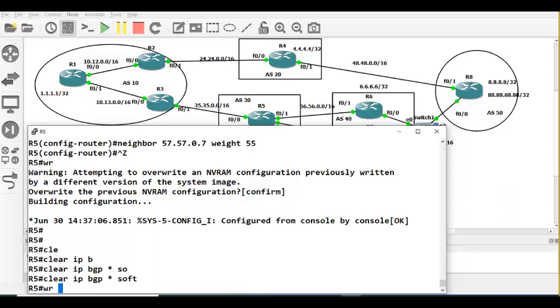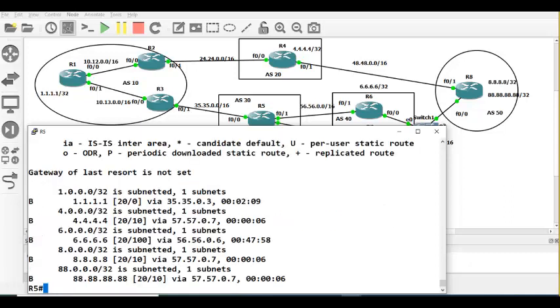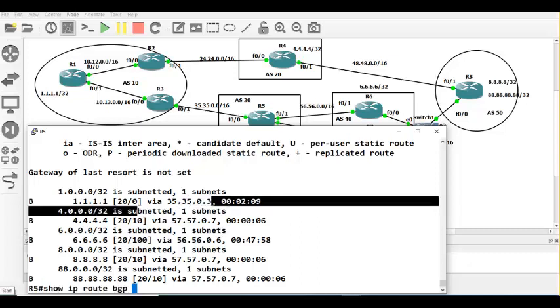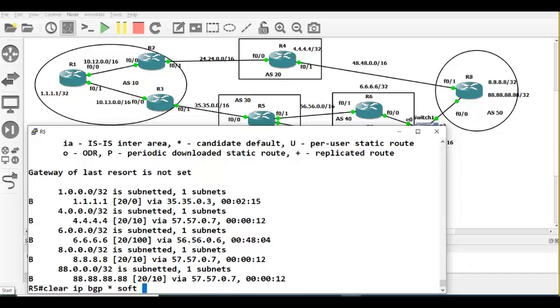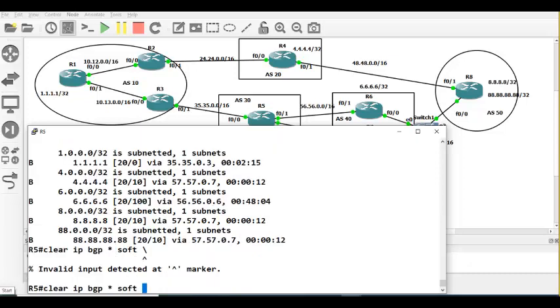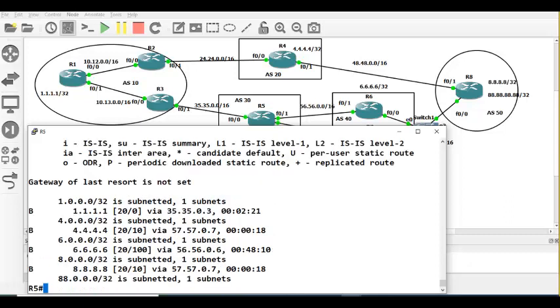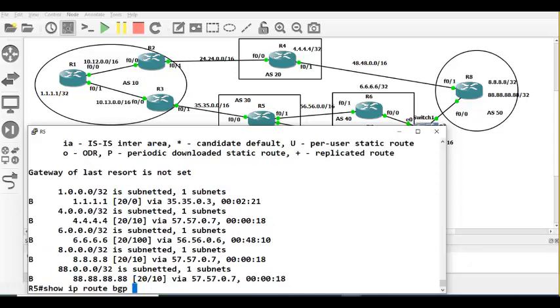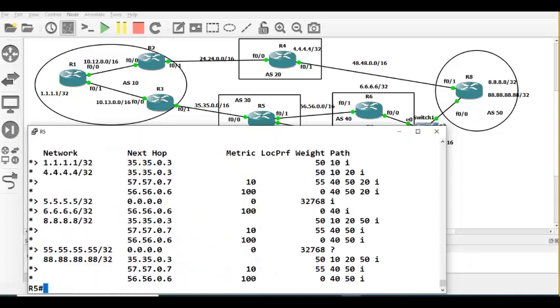So now if you check the routing table, all will start going via 7. Okay, maybe 333 was not advertised from 7, so it is going via 3. Show IP BGP. Yeah, for 3 there is no other option, so it is going via router 3.